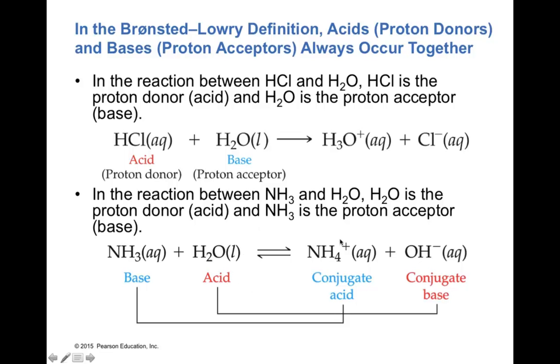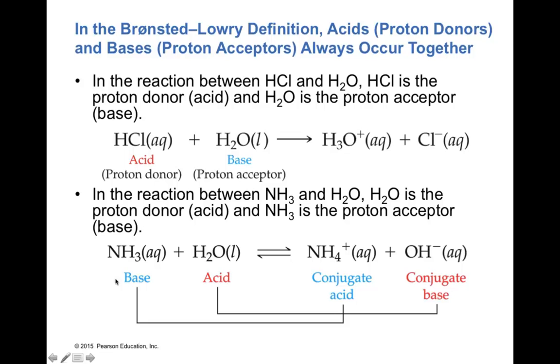So we're looking here that this OH- will produce water. That means that it's going to receive that proton from NH4+. So now OH- is the conjugate base of this acid because it's receiving a hydrogen from here. And because this one is releasing that hydrogen, this one is considered an acid that comes from this base.